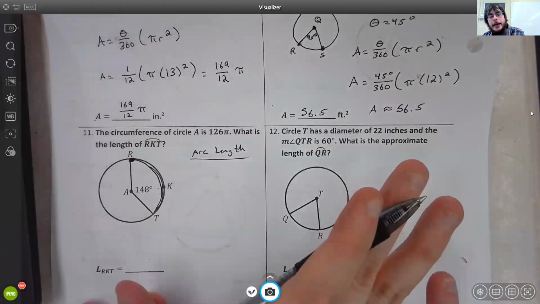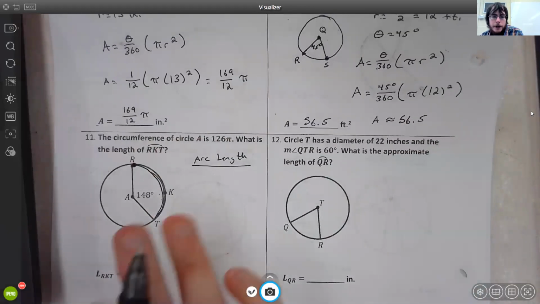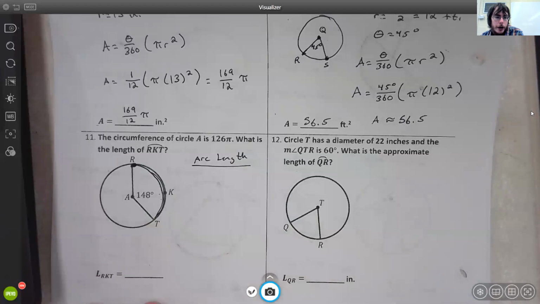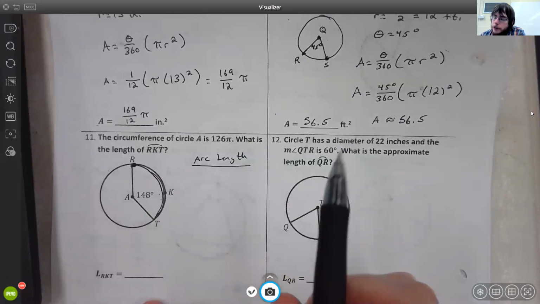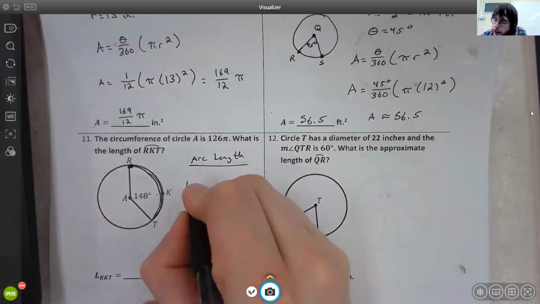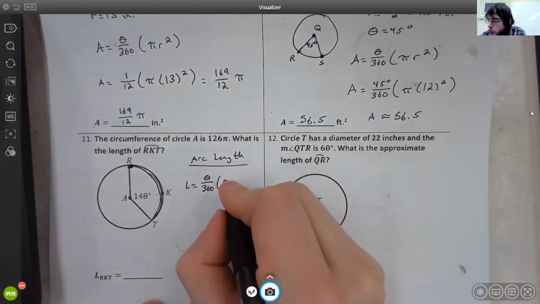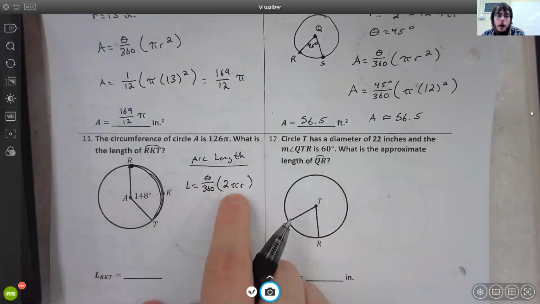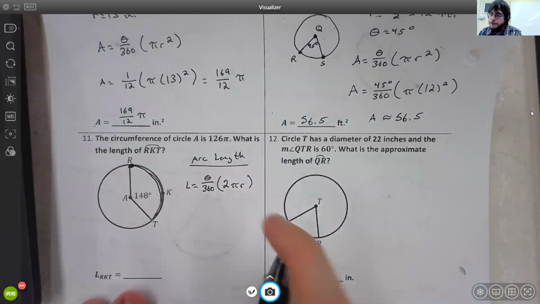Now, just like sector area, we need to find our theta and our radius. But in this case, we don't really need the radius, and I'll explain why. Your formula for arc length is length equals theta over 360 times 2 pi r. And 2 pi r in your circle is known as the circumference.